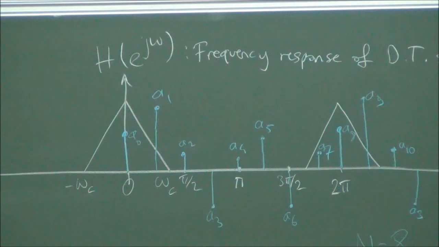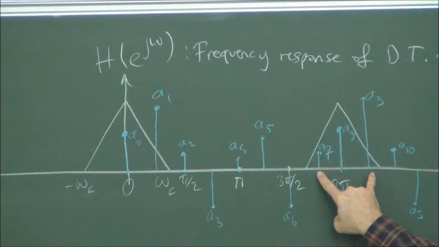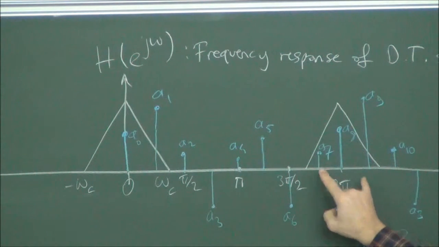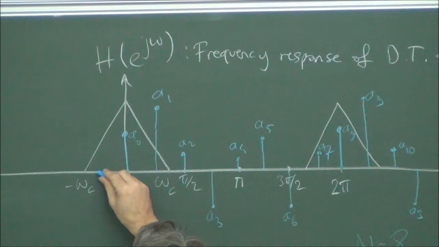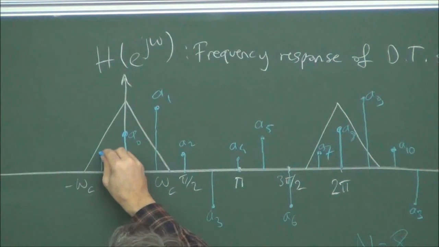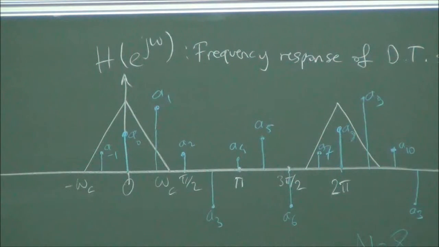Honestly speaking, I would expect, for example, A7, this one, which is symmetric around A8, or that A7 is, by the way, equal to A minus 1. So let's also draw something here, which is the same as A7. That is A minus 1 here. So A minus 1 is the same as A7.